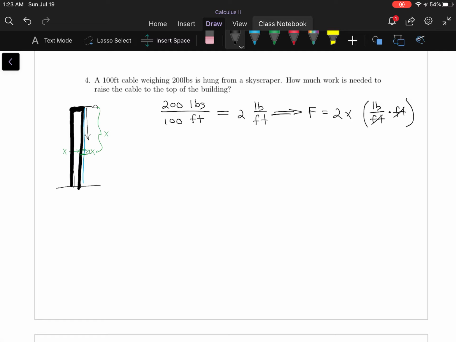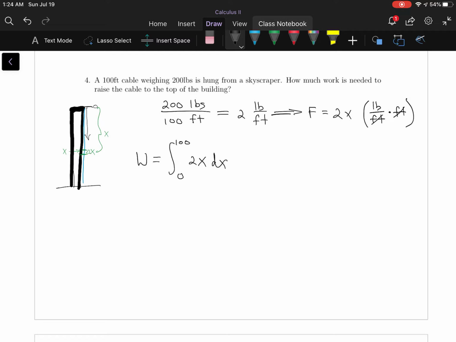So we have our force function. Now we want to figure out the work required. And so the work is the integral of our f, which is 2x dx. And we are integrating going from 0 to 100.